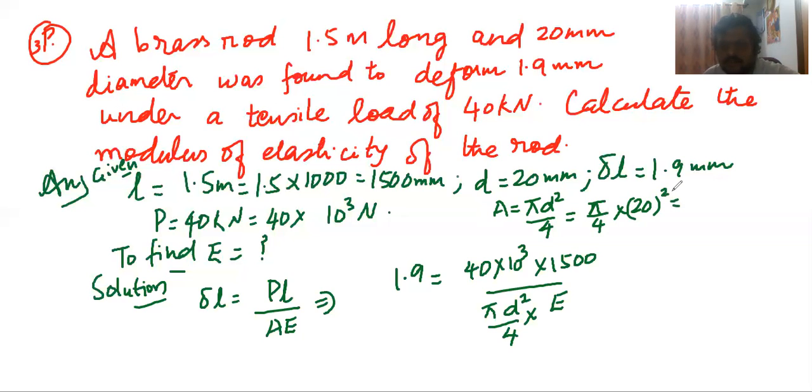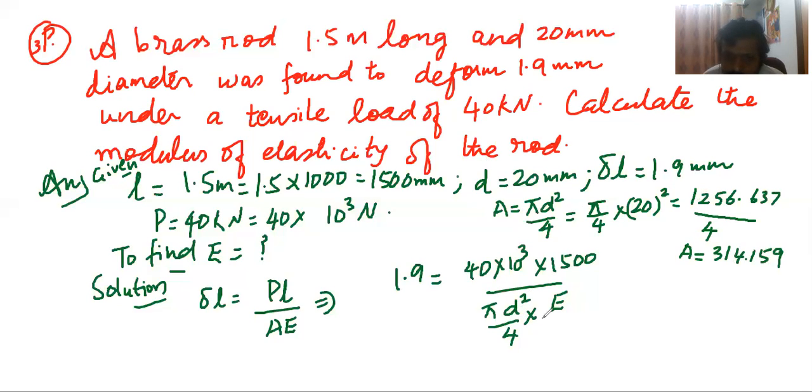So I'll use the calculator, students. So shift pi into 20 square. The value would be 1256.637, rounding to 3 digits. Divided by 4, that will be 314.159.